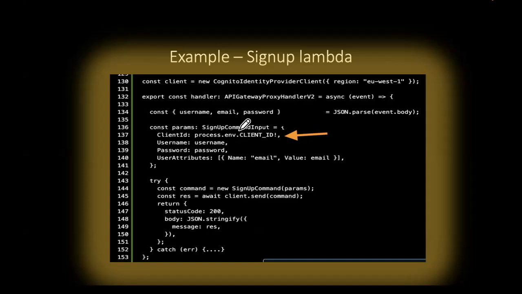And here we go. If I skip down to here, we do client.send, and we send it a command object. The command object in this case looks like it's a sign up command object, sensible name, right?